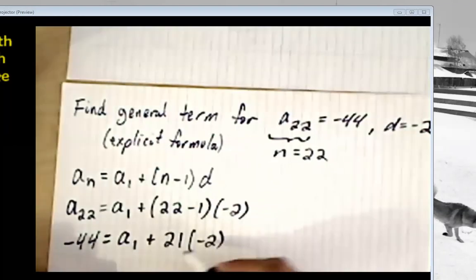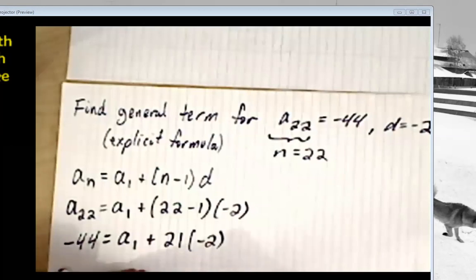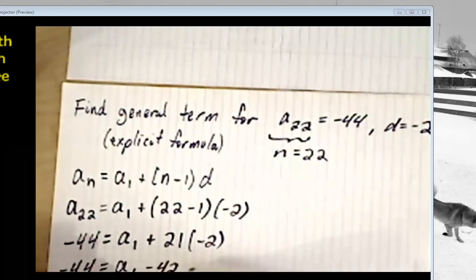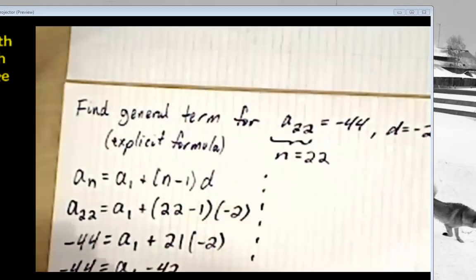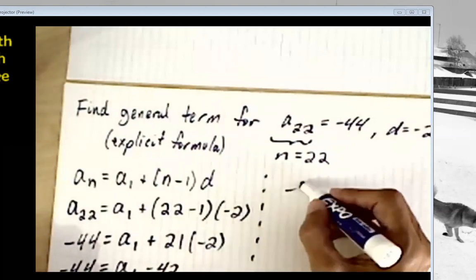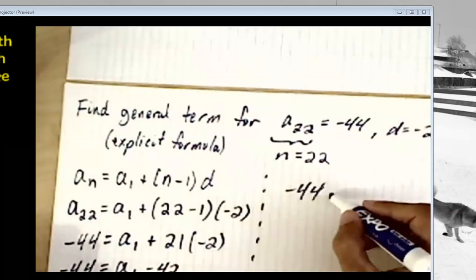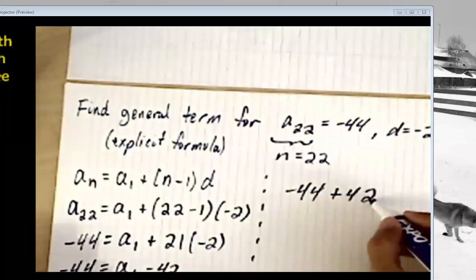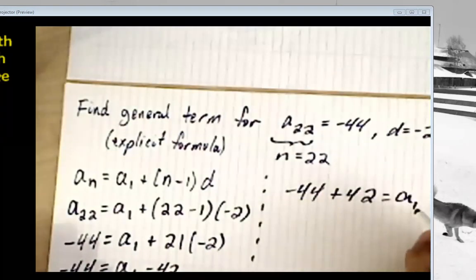And this will turn into what Peter was saying, I think. Do we get the same number though? Yeah, there's your minus 42. Nice, good work. So we'll move the 42 to the other side. It becomes positive. A1 like that.